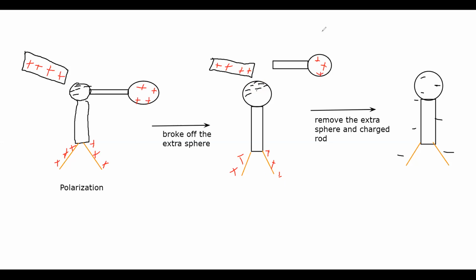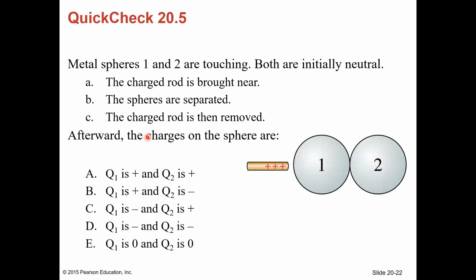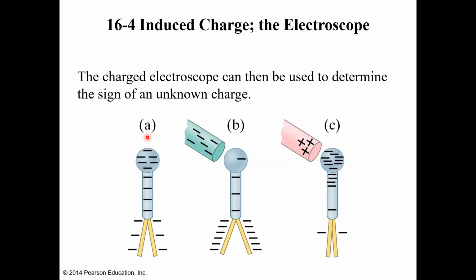All right, so that's what I explained here. It's kind of the same explanation. I actually like my picture better, but very, very similar. Actually, no, this is just what's called polarization here.